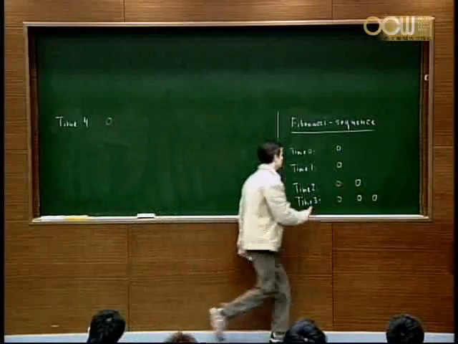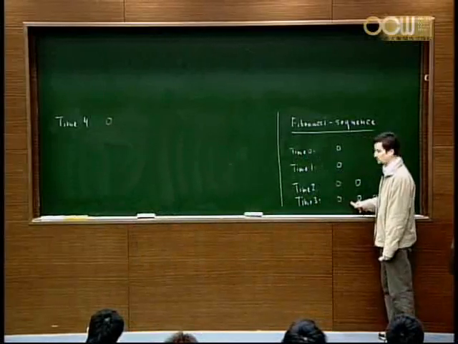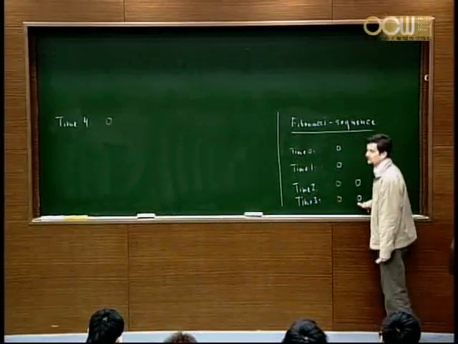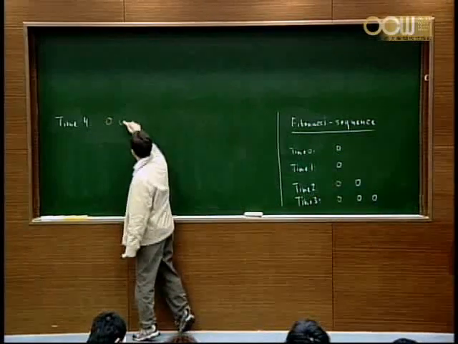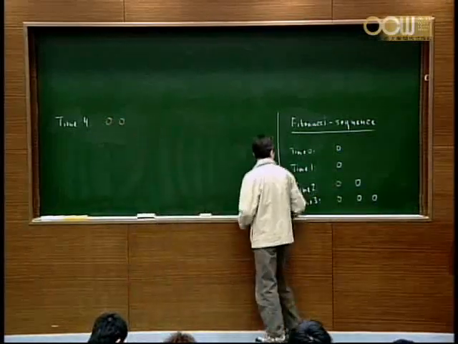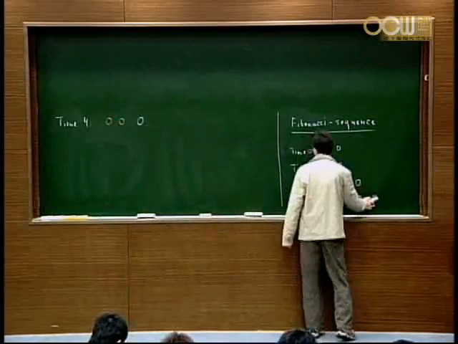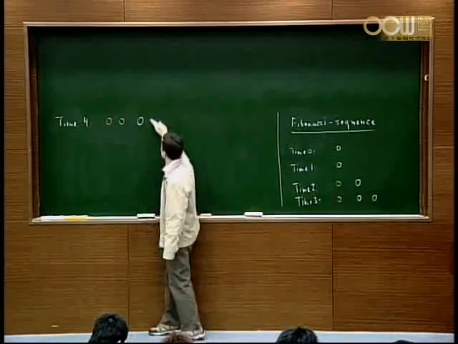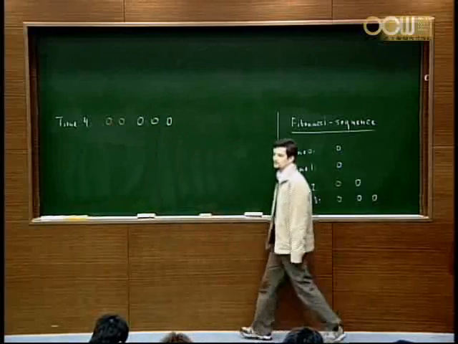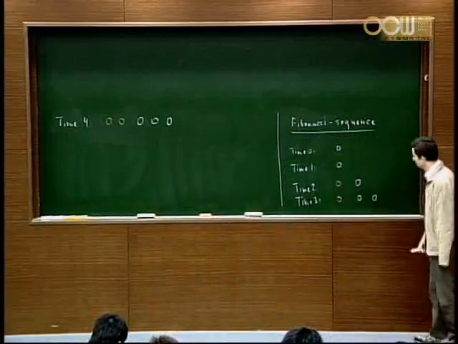Now this will also get productive because we have waited 2 time decades. So we have 2 productive pairs, and then you have one which is not productive yet, and both of them produce one pair. Okay, and now you see already the rule.